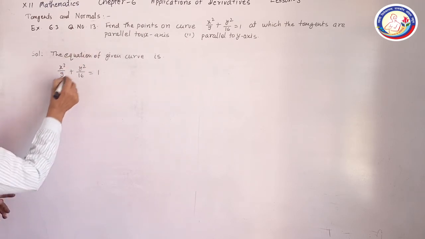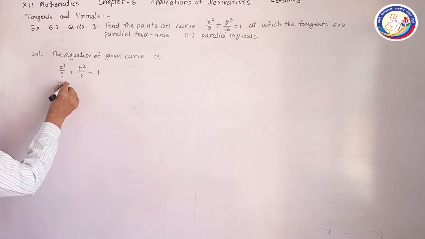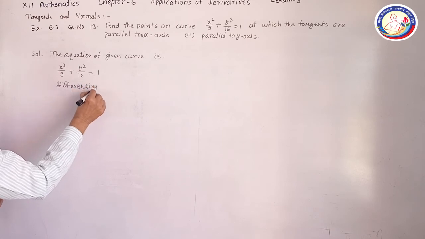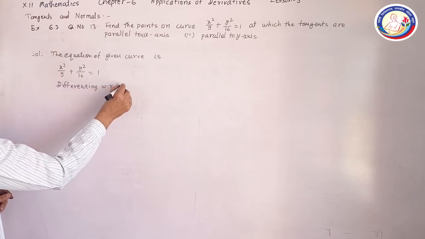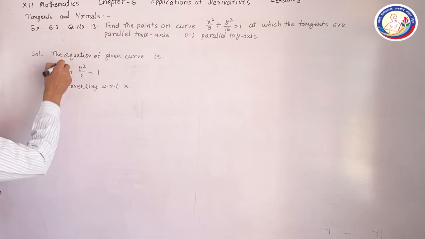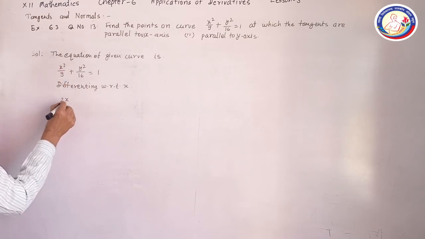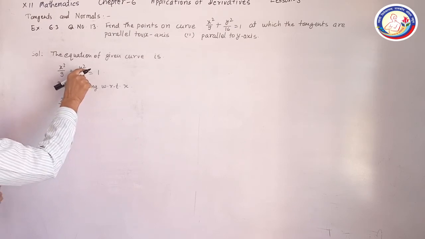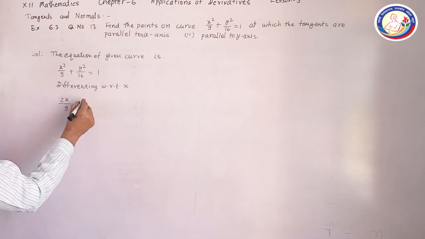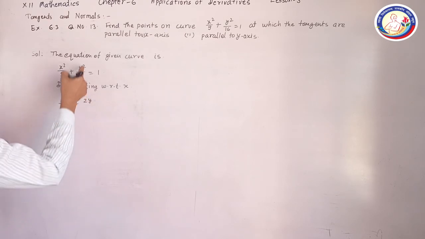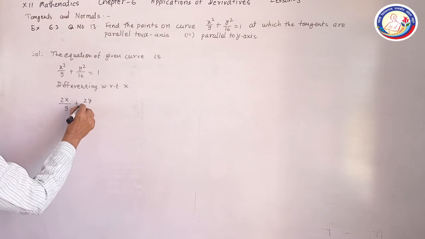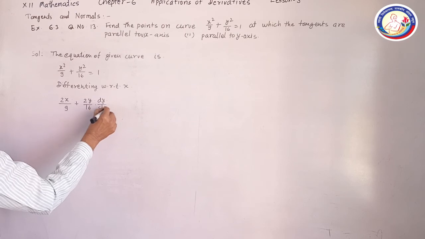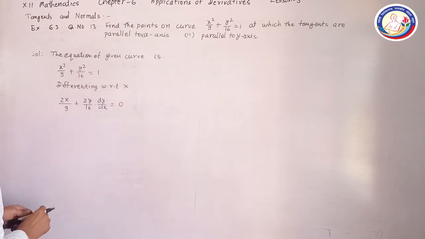Differentiating with respect to x, the differentiation of x square is 2x upon 9. Differentiation of y square with respect to y is 2y, and again y with respect to x is dy by dx. And the differentiation of 1 is 0.